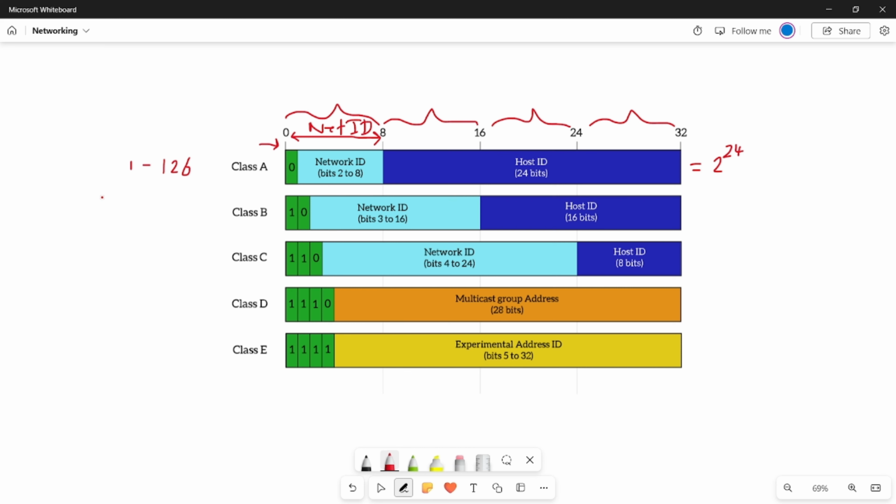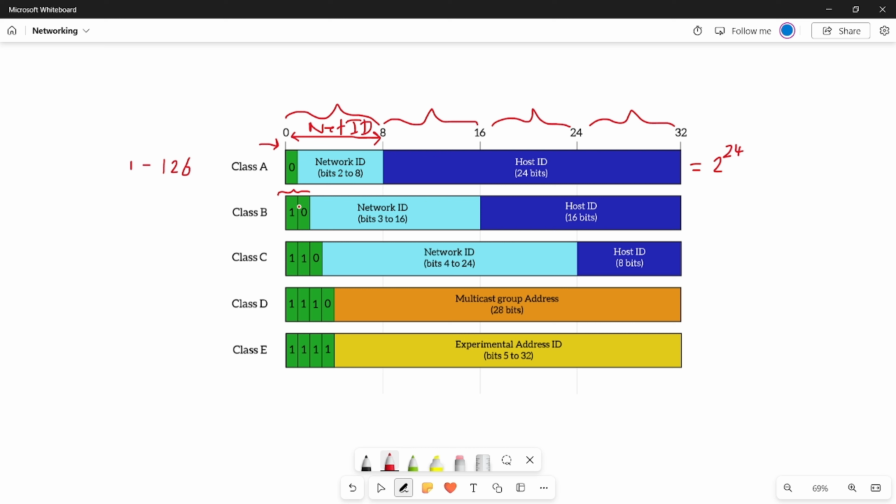When we move on to class B IP addresses, we can basically find a class B IP address by looking at the first 2 digits of the binary format. If the binary format of the IP address starts with 1 and 0, we can simply say it is a class B IP address.